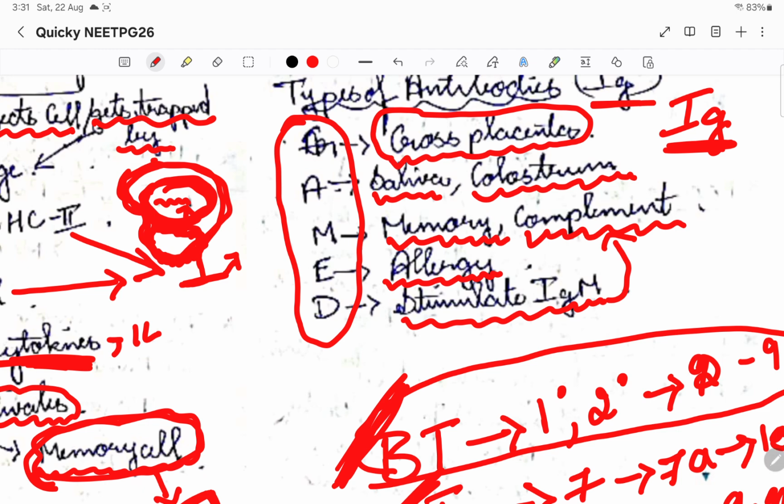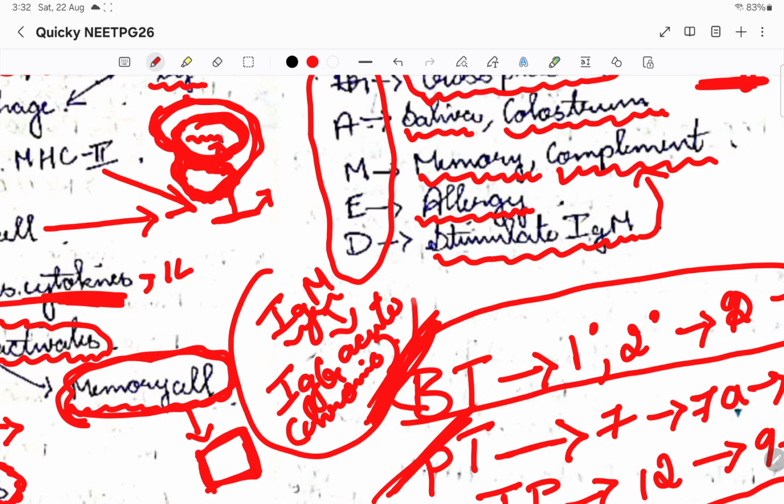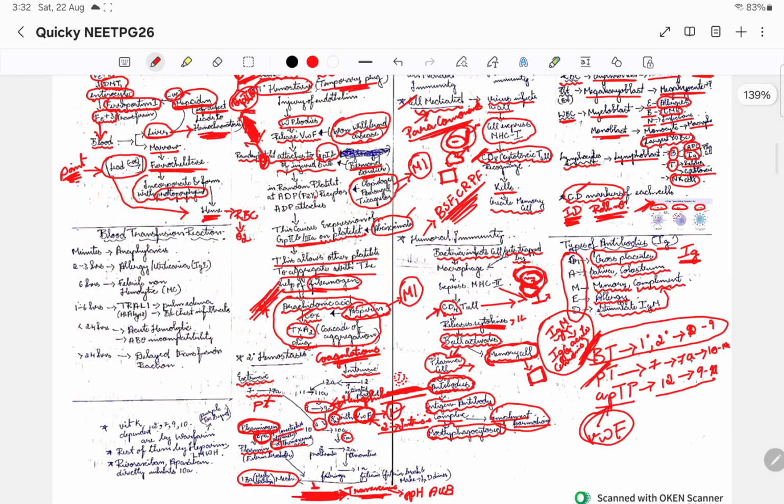Remember one more thing. IgM means that it is an acute reaction that is going on, whereas IgG means that it is a chronic reaction going on inside our body. This is a tip that I want to give: IgM is acute, whereas IgG is chronic.